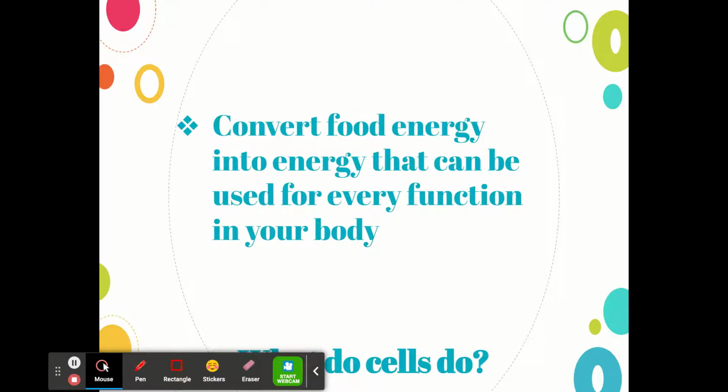Okay, so this process is called cellular respiration. We will look at it a little bit more closely later on. But cellular respiration is a process that converts glucose with oxygen to make ATP, adenosine triphosphate, which is an energy form that your cells can use to do their jobs.